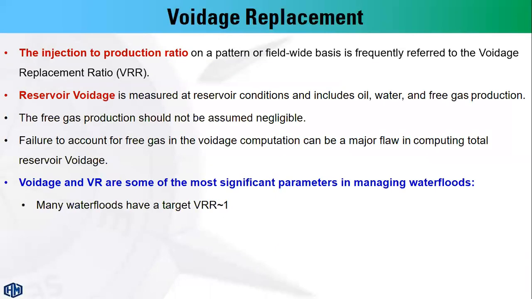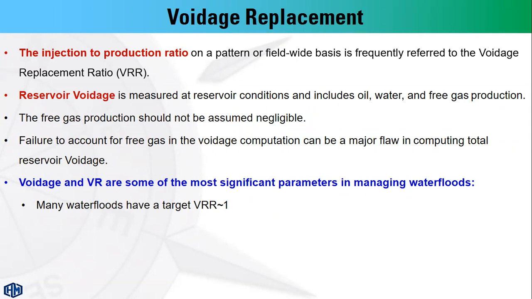So now I need to define a very important term in such water injection, water flooding or surfactant flooding, which is the voidage replacement, or voidage replacement ratio. It's the injection to production ratio on a specific field-wide basis or pattern.